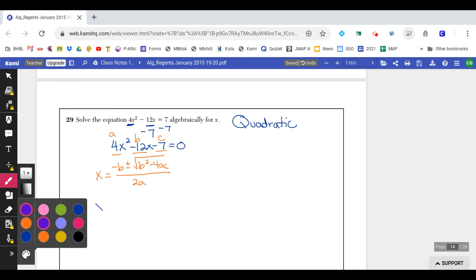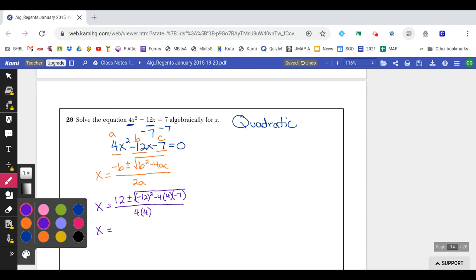Plugging in my values, I have x equals 12 plus or minus my negative 12, put that in parentheses, squared, minus 4 times 4 times negative 7. Putting that all over 4 times 4.